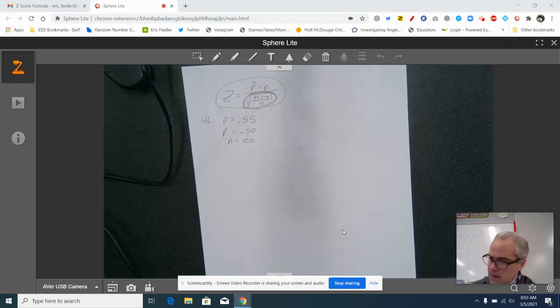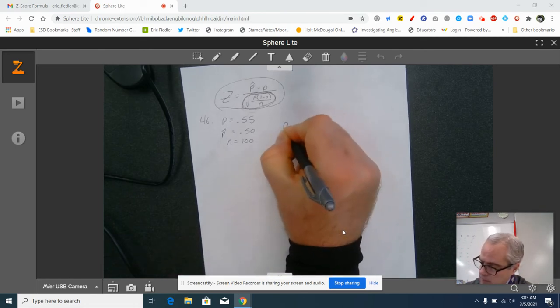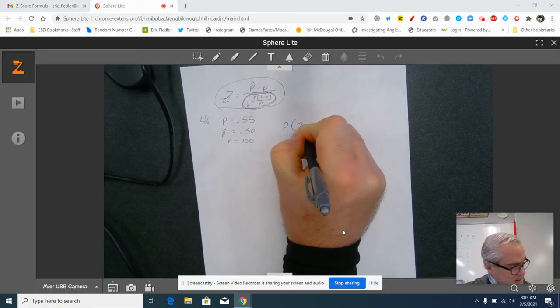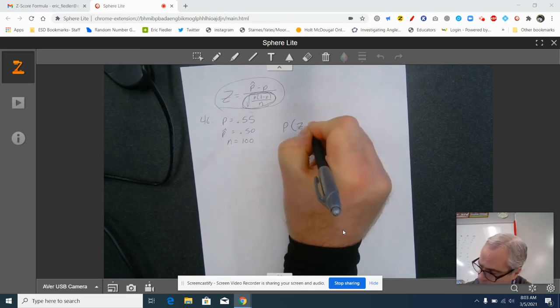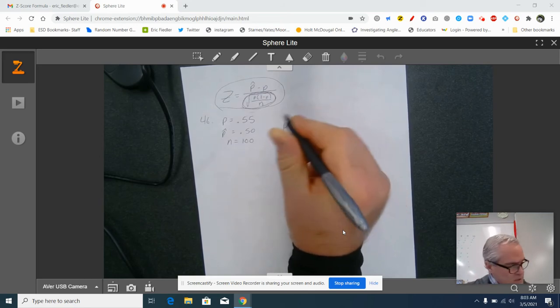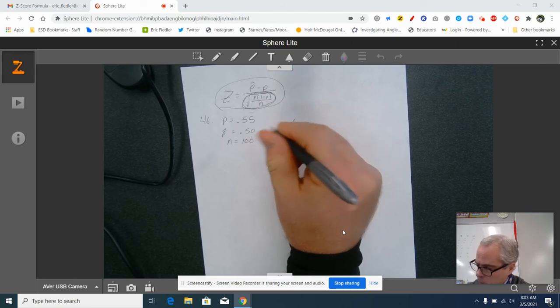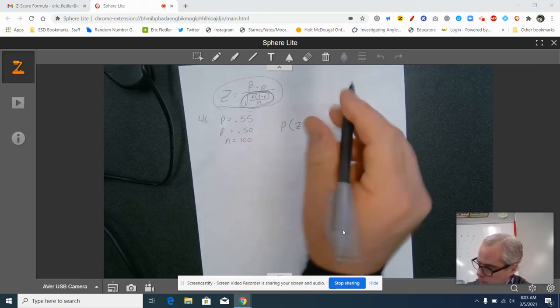All right, so then plugging it in, we're interested in, I got to read the question, and this is seriously how I do these. I have to read them several times. So it's probably getting less than 50%. So here's what we're looking for. Probability that Z is less than, and I got to check my numbers. Now my p hat was 0.50.